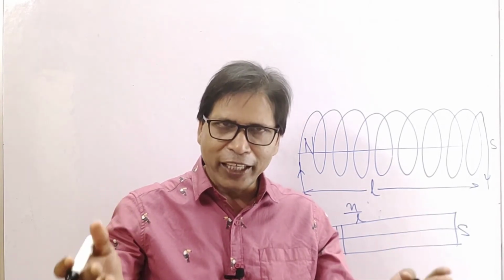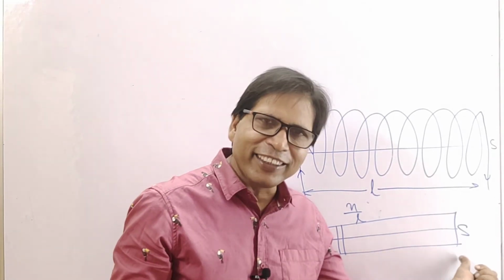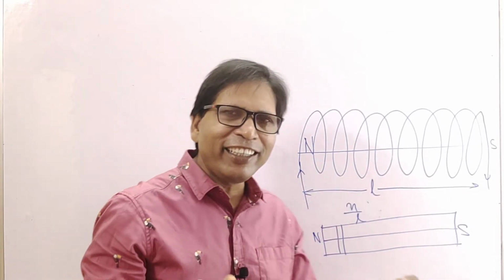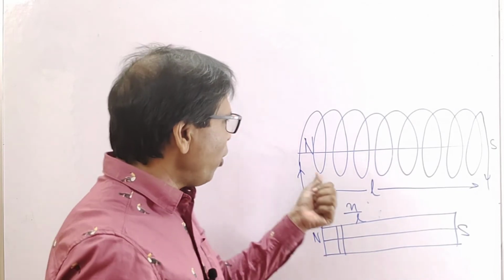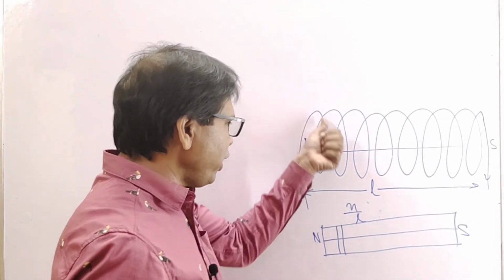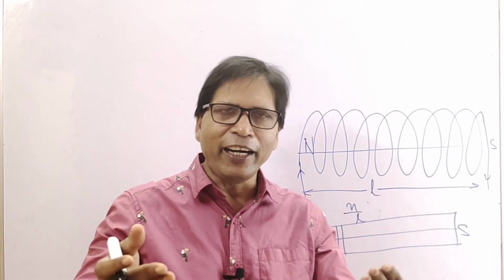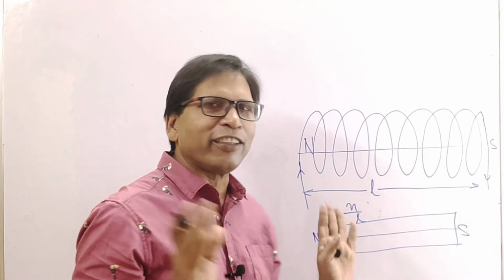Now, the dissimilarities. The polarity of a permanent magnet cannot be changed. The polarity of a solenoid is changed by changing the direction of current. The strength of the solenoid's polarity is increased or decreased by increasing the current and the number of turns, but the strength of a permanent magnet is constant.